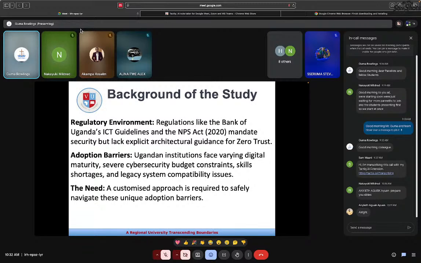At the same time, we also have tier two banks, like Finca and all that. We do not expect them to be at the same maturity levels, because some of the banks are from outside the country, so they are well funded, yet others are still struggling to catch up. So their resources are fewer. So that's why we need a customized approach to safely navigate these unique adoption barriers.